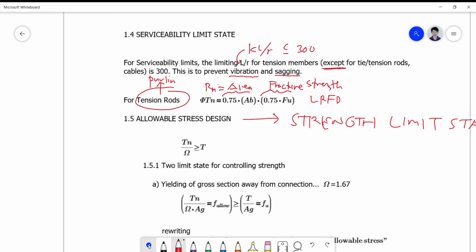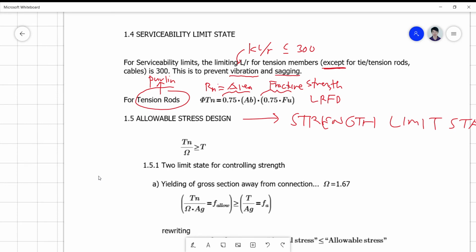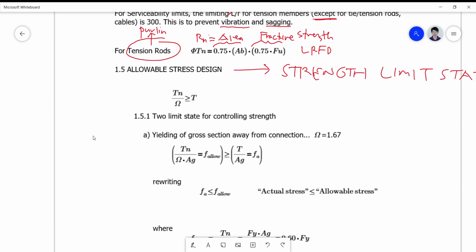So to proceed with the allowable stress design, the limit state criteria is a little bit different. Instead of having a reduction factor and an overload factor, you have here what you call a factor of safety. So Tn over omega is greater than or equal to T, or what you see in our previous discussion, Rn over omega is greater than or equal to Ra.